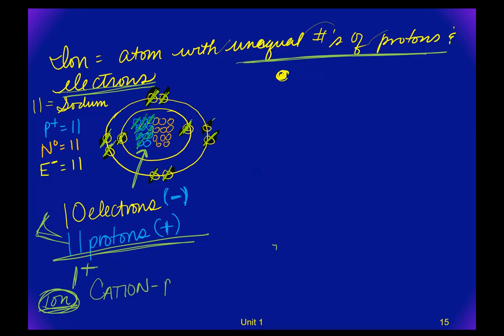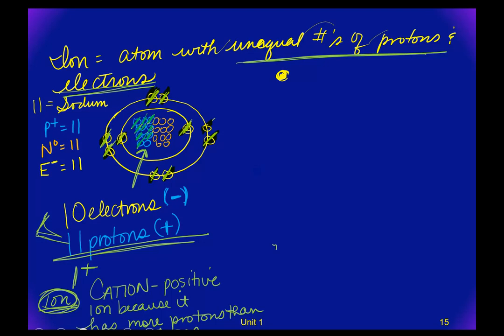A cation is a positive ion because it has more protons than electrons. It may be something like sodium, and if you've ever seen sodium written in a chemical formula, they'll say Na+. That plus is because of that extra proton. That's why they say that.